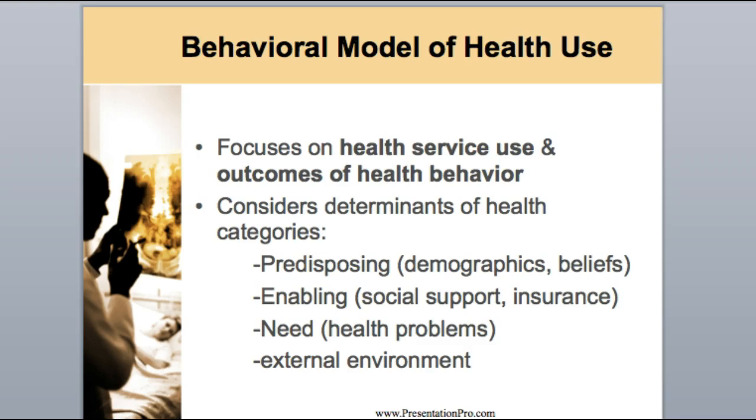Also, does this person have health insurance? And is that, for example, a reason why they are not using services because they feel like they don't have the ability to pay? And is the lack of health insurance influencing their health behavior and then resulting in poor health outcomes for that client?